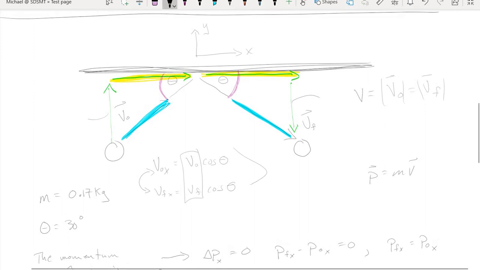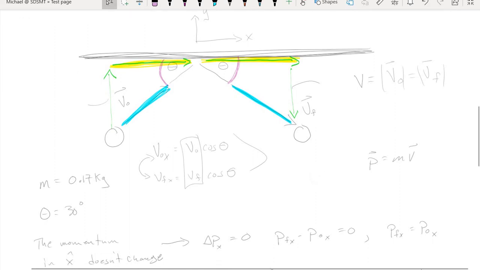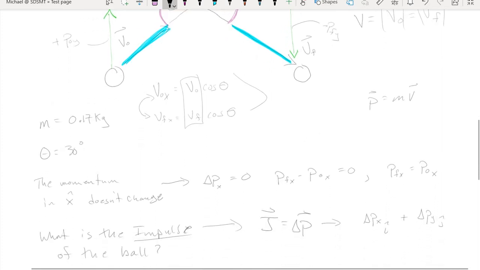But now I can see that a change in momentum for the y direction is not going to equal 0 because I do not have the same momentum. In one case, the momentum is positive. In the other case, the momentum is negative.